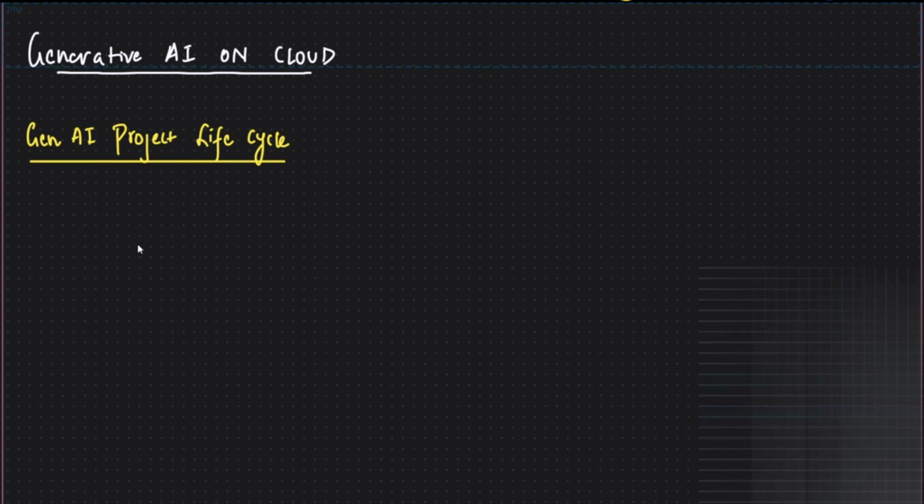So let me start the Gen AI project lifecycle. With respect to this Gen AI project lifecycle, I would like to make this entire lifecycle into 4 to 5 steps. Okay, the first step is basically defining the use case.